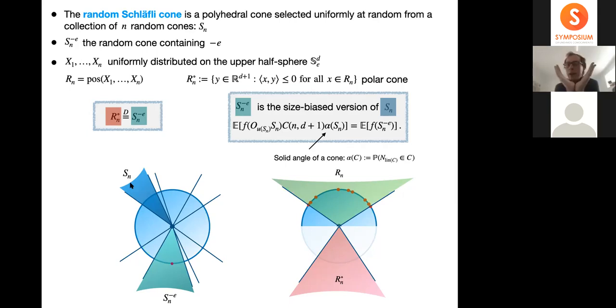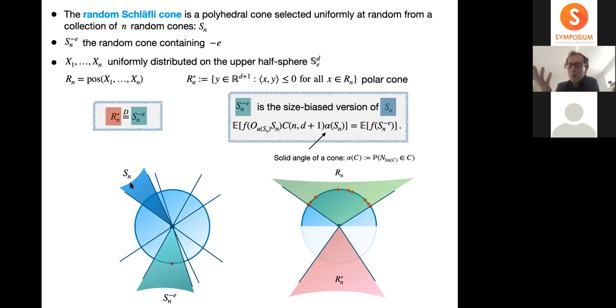You can assign to each of these cones the opening angle and then select a cone according to this opening angle, meaning that cones with a small angle have a smaller chance to be chosen than cones with a larger angle. So you select proportional to this opening angle. This means you size bias.